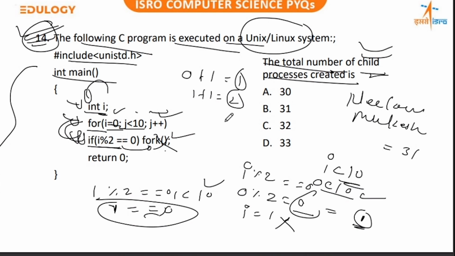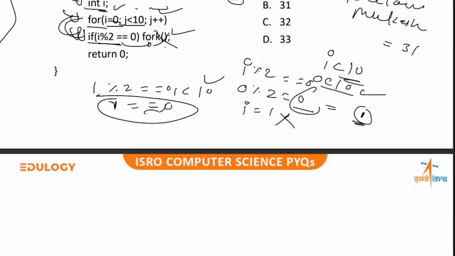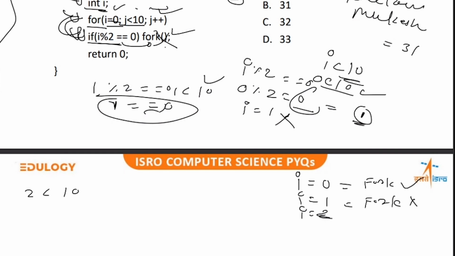So see: for i equal to 0, fork executed. For i equal to 1, fork not executed. For i equal to 2, 2 less than 10, true or false?